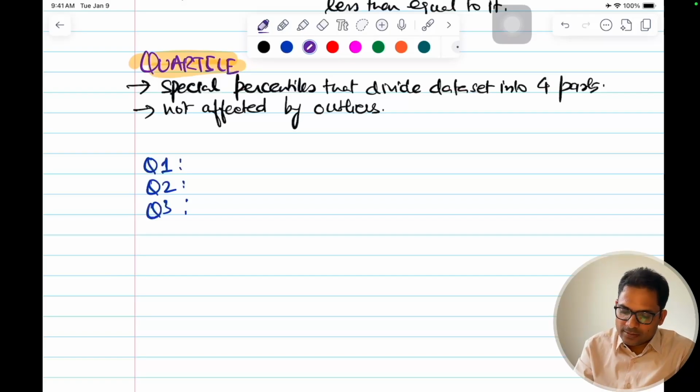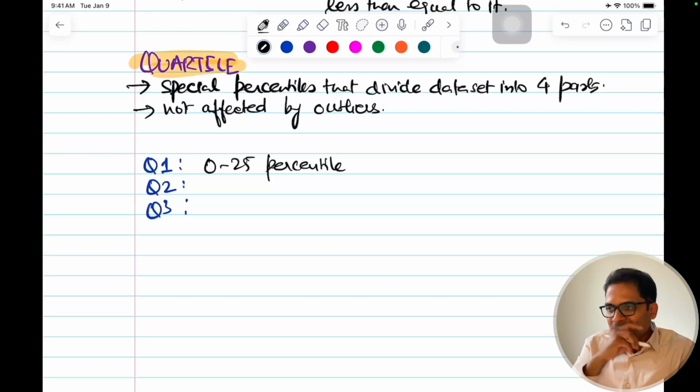So this is like 0 to 25 percentile. Percent means percentile; write percentile itself so that you don't get confused. Q2 is up to the 50th percentile.